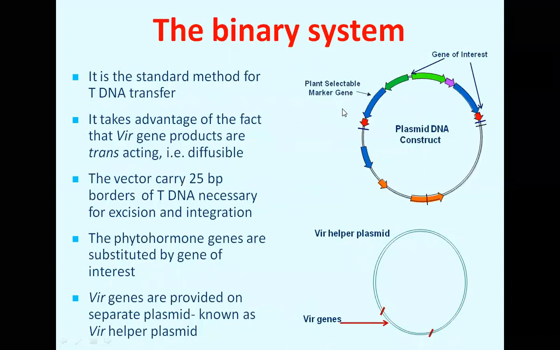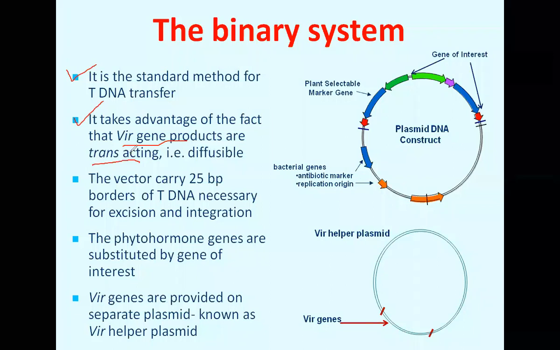And then you have binary vector system, which is more popular. So as I had written over here, it is a standard method for T-DNA transfer. It takes advantage of the fact that Vir gene products are trans-acting. We have studied this trans-acting and cis-acting.